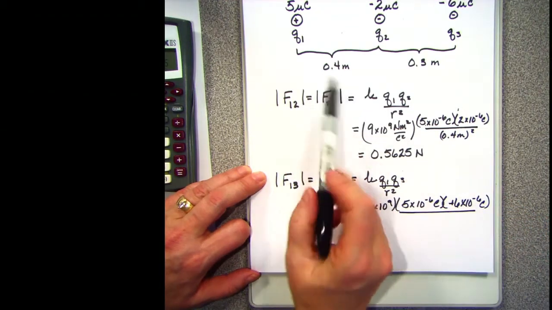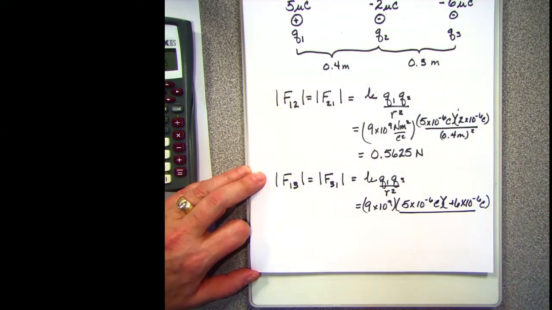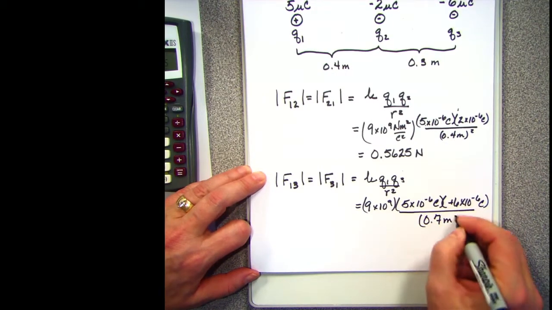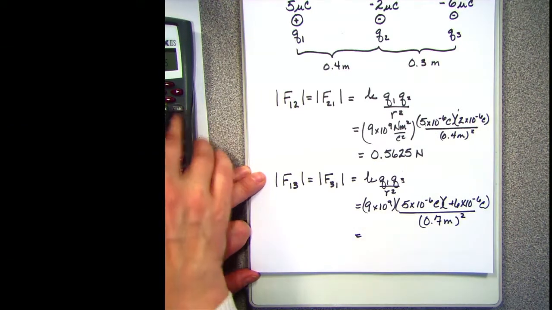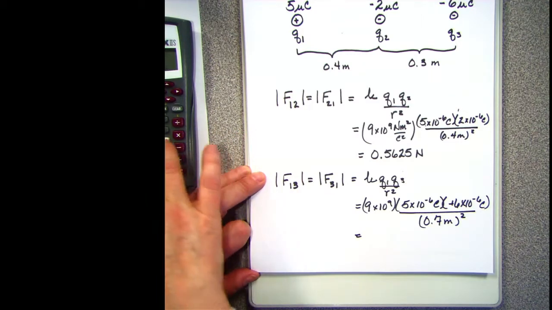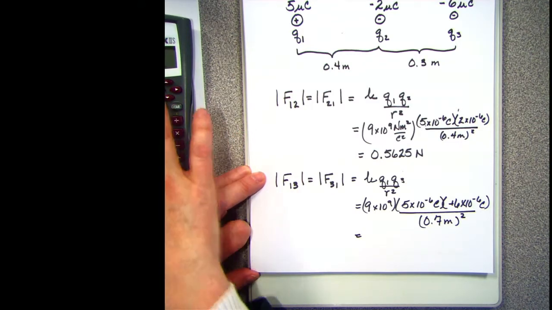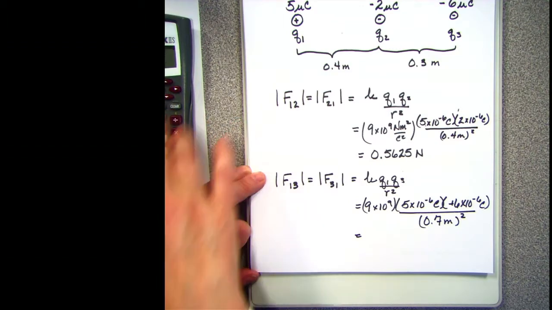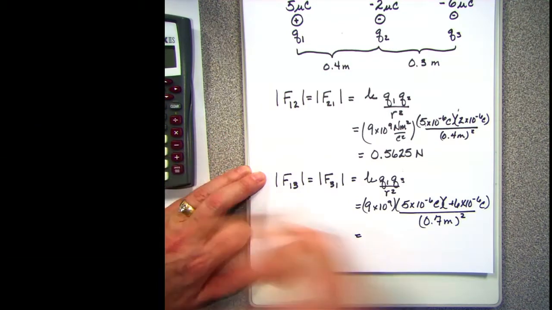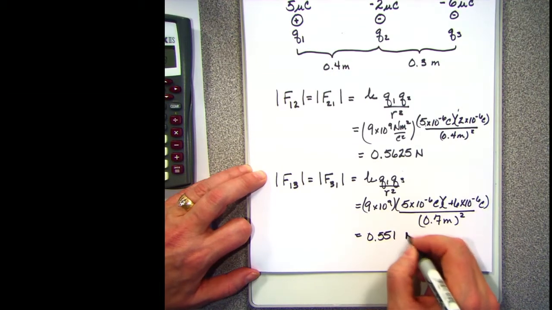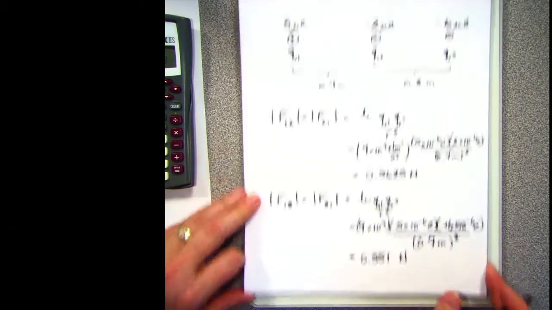Now my distance between 1 and 3 is 0.7 meters, and that's squared. I plug that into the calculator, and this gives me 0.551 newtons. So I've got 2 of the 3.